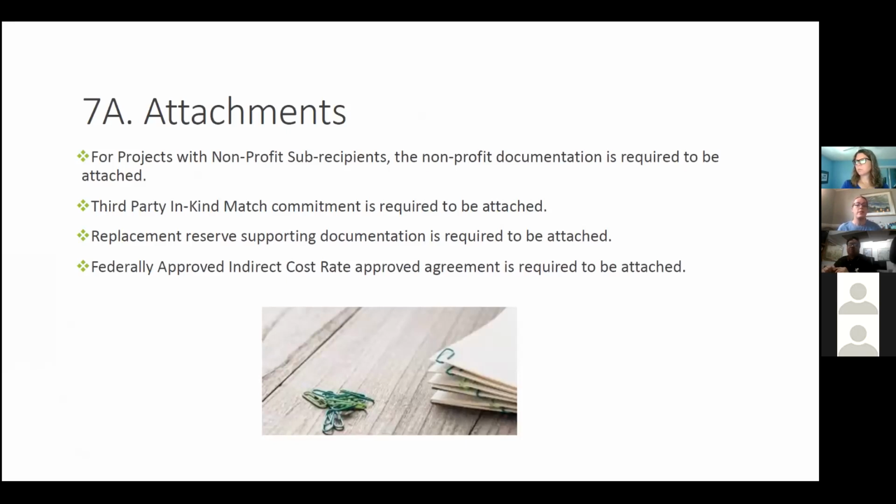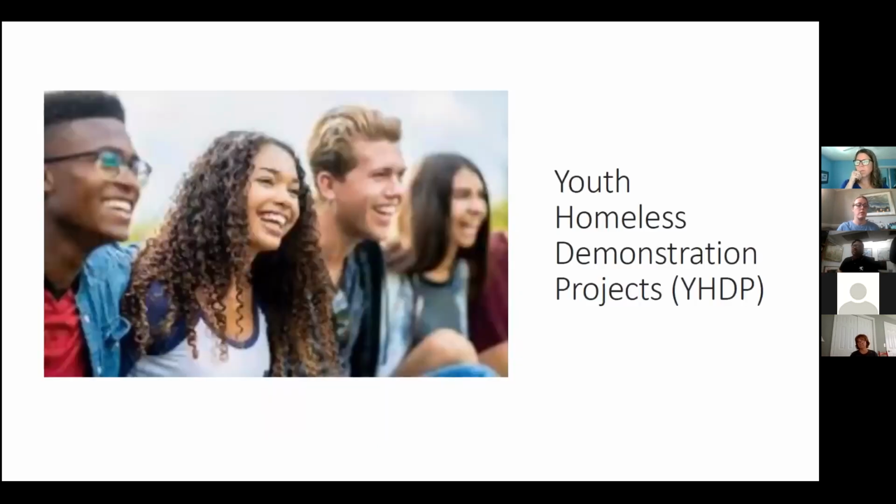If you have a replacement reserve in your budget, then you have to attach supporting documentation for that, which I've never seen anyone have. And then the federally approved indirect cost rate. If you have one that's not de minimis, then you have to attach that. Hopefully you don't; in our case, we don't have replacement.